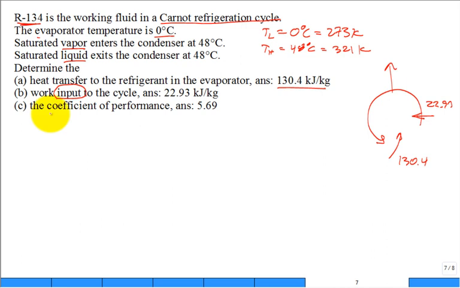But right away, the coefficient of performance. Could you just use these two numbers and calculate that coefficient of performance? Yeah, let me let you do that right now with your calculator. Can you verify that the coefficient of performance using these two numbers is around 5.69? You got it?